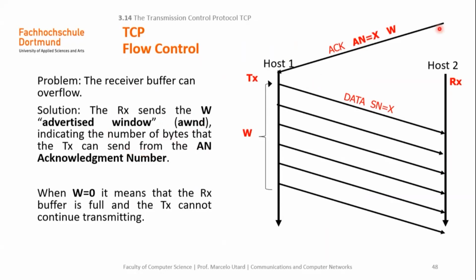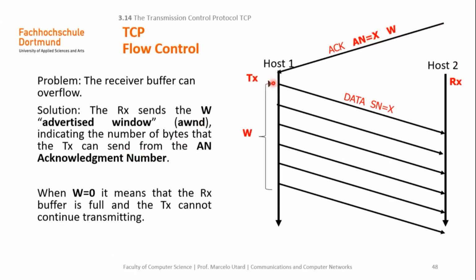That is, the receiver has enough space in the receiver buffer to receive W bytes starting from this acknowledged number.